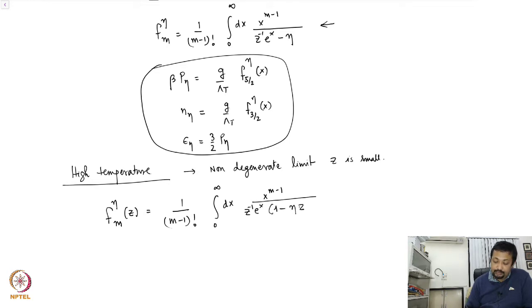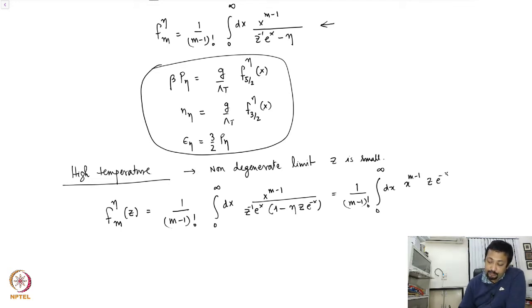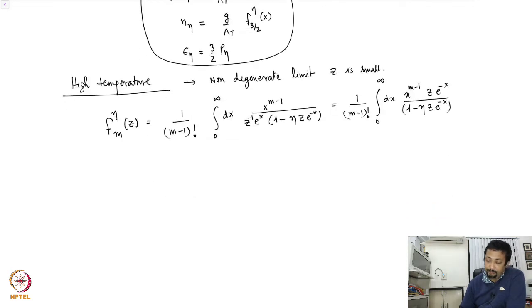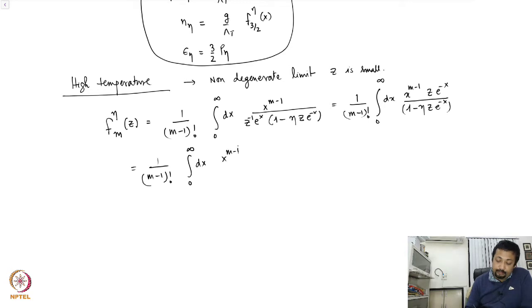This becomes 1 minus eta z e to the power minus x, which is 1 over m minus 1 factorial integral 0 to infinity dx x to the power m minus 1, z e to the power minus x divided by 1 minus eta z e to the power minus x, and this is 1 over m minus 1 factorial integral 0 to infinity dx x to the power m minus 1 z e to the power minus x times 1 minus eta z e to the power minus x raised to the power minus 1.